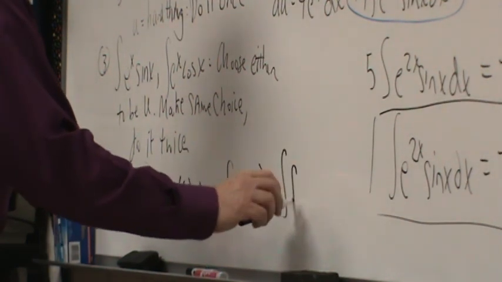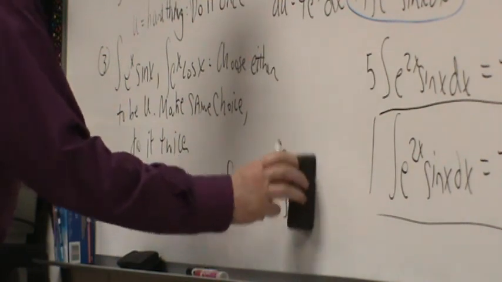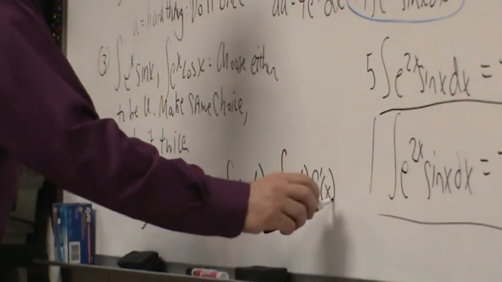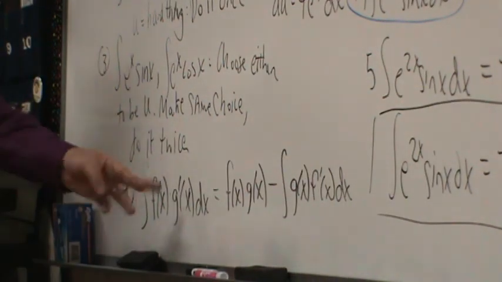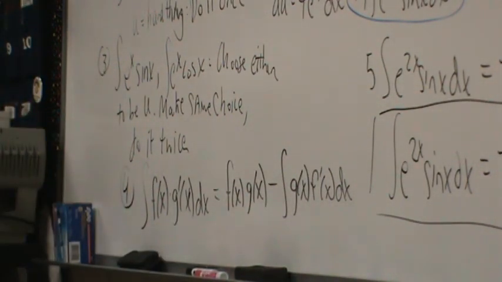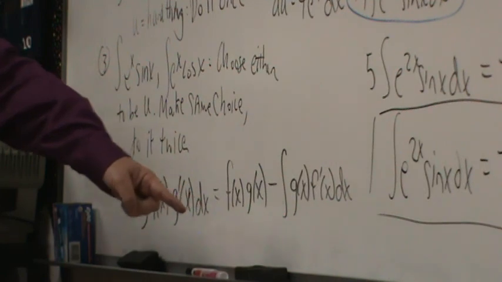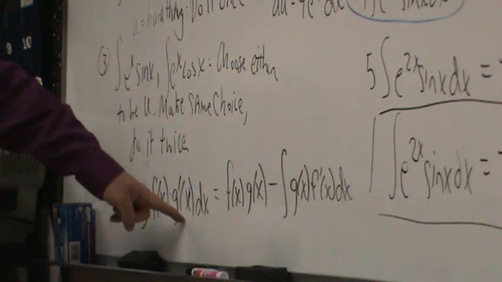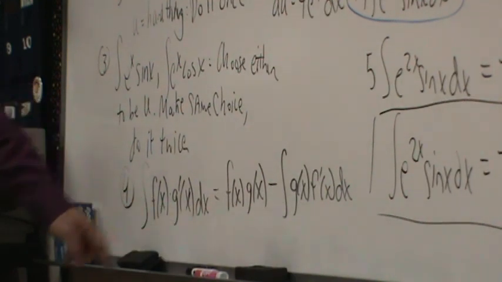Integral of g of x f prime of x, where you kind of switch the positions. Like the problem last night with that secant squared, where it was obvious that your secant squared was going to be your dv because the antiderivative of it is so simple.